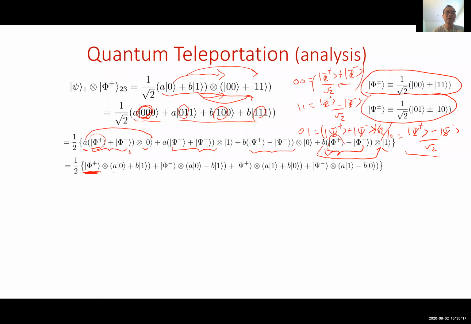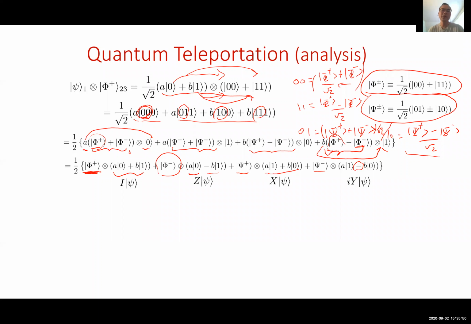You do it systematically. If the first two particles, 1 and 2, are in phi minus, you have A0, and the other term is B1 with a minus sign, and so on. So psi plus is associated with A1 plus B0, and psi minus has an additional sign.